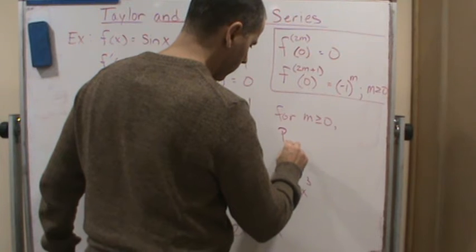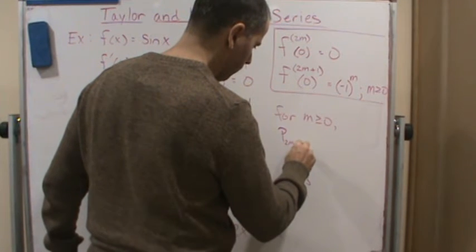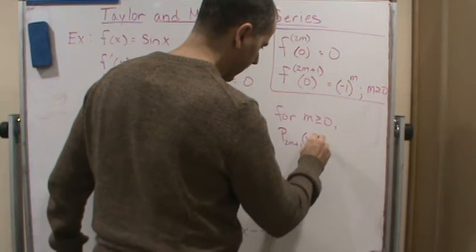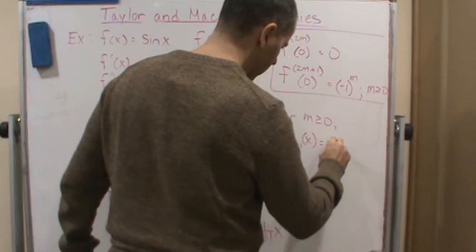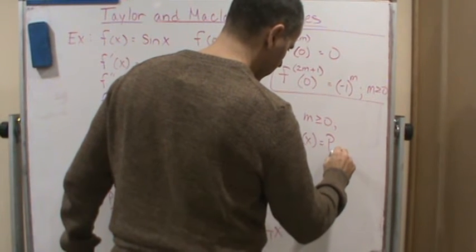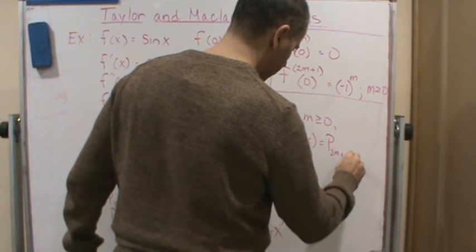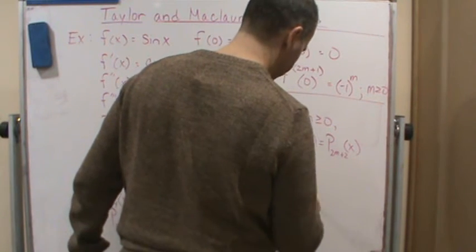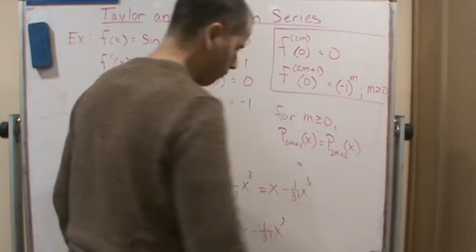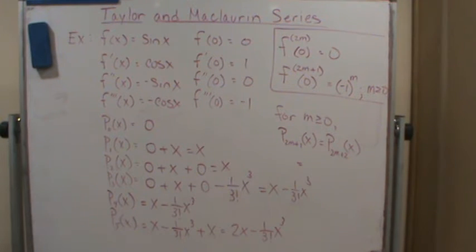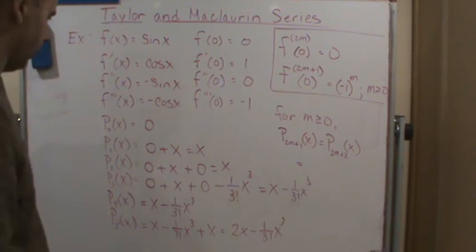P sub 2m plus 1 of x is equal to P sub 2m plus 2 of x, which is equal to this.